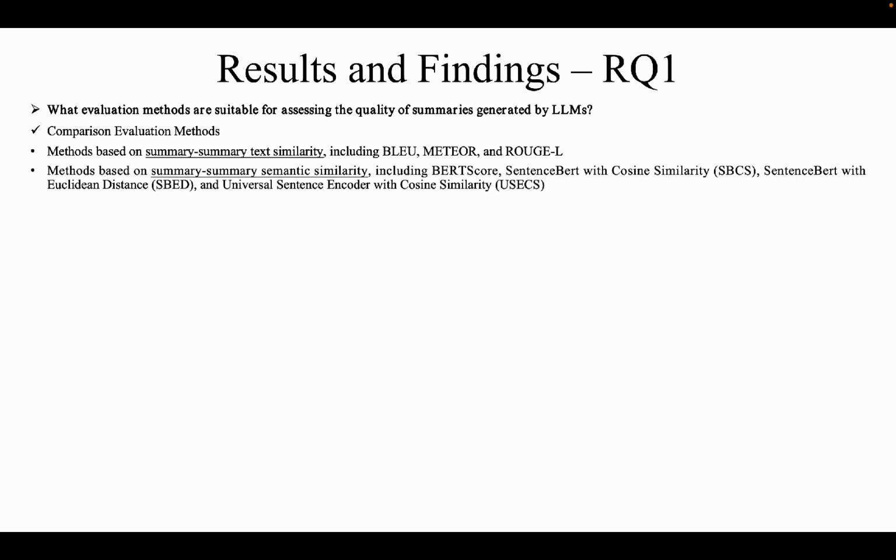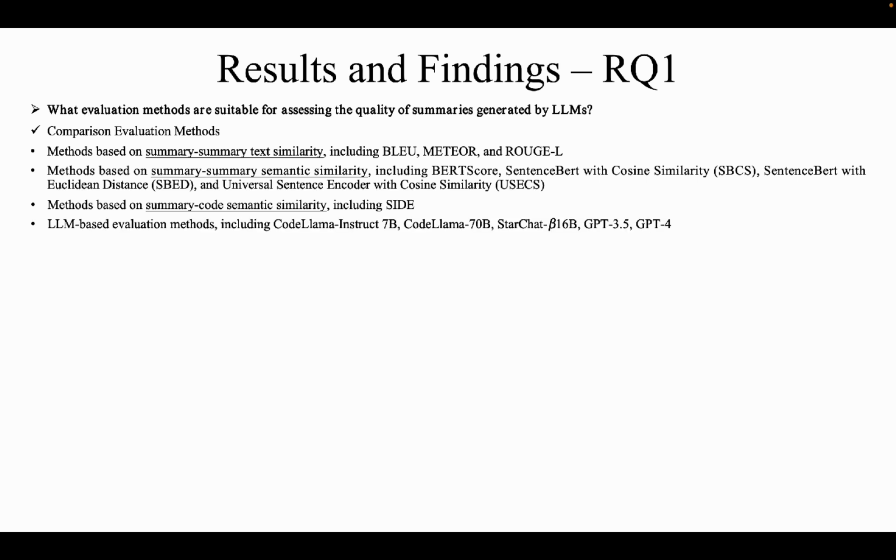And the second type are methods based on summary-to-summary semantic similarity, including BERTScore, Sentence-BERT with cosine similarity, Sentence-BERT with Euclidean distance, and the Universal Sentence Encoder with cosine similarity. The third category is methods based on summary-to-code semantic similarity, such as SIDE.